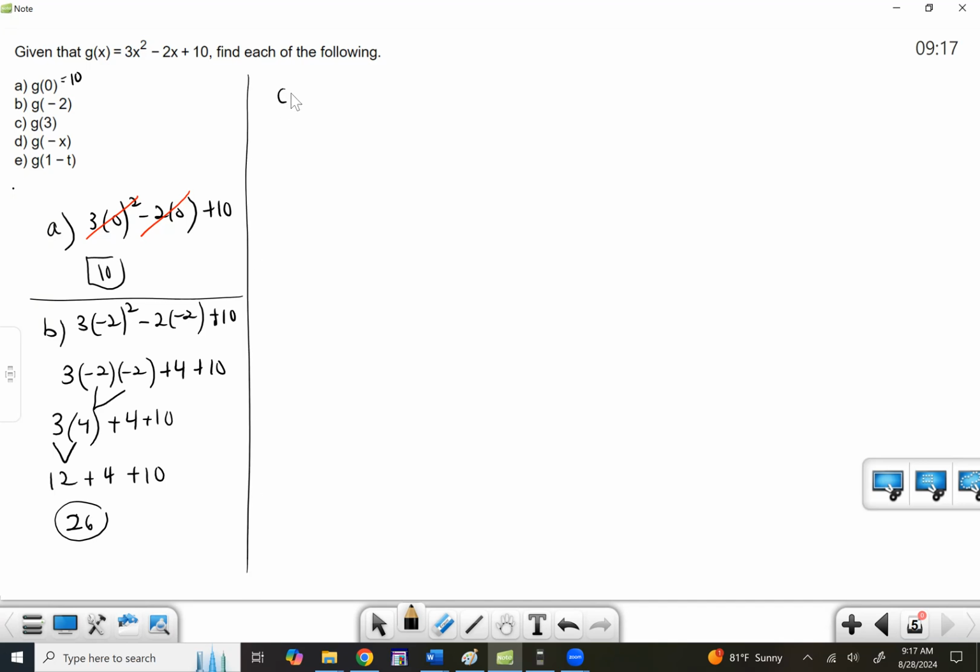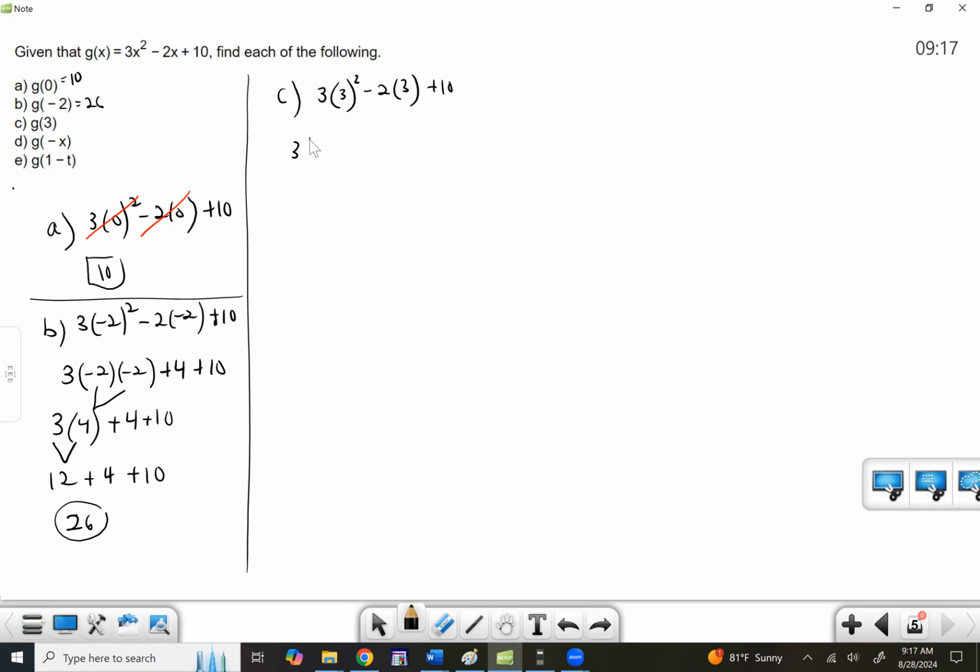Let's go ahead and start letter C. Okay, so we're going to substitute in a 3 for every x. All right, so we're going to do the 3 squared.